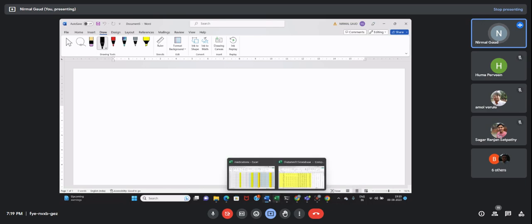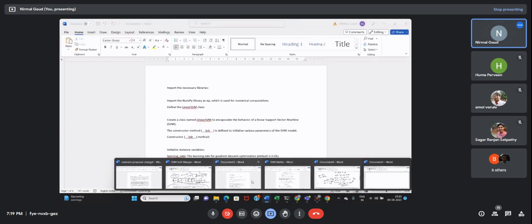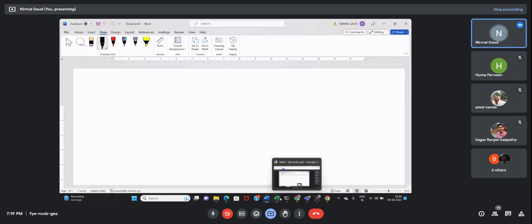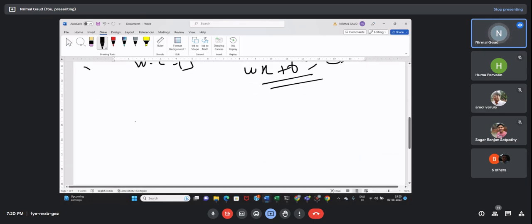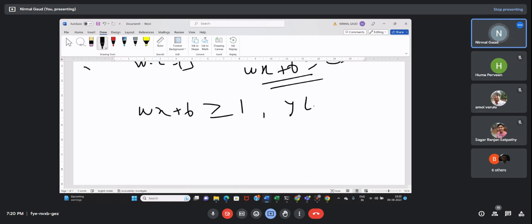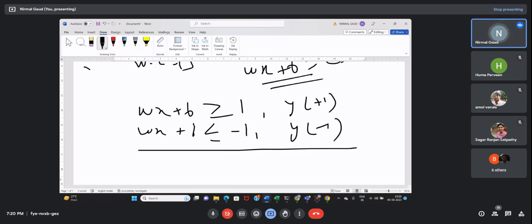So these equations only, you have modified and written wx plus b is greater than or equal to 1 if the value of y is plus 1, and wx plus b is less than or equal to minus 1 if y is minus 1. And then we have combined these two equations to solve the linearly inseparable case.